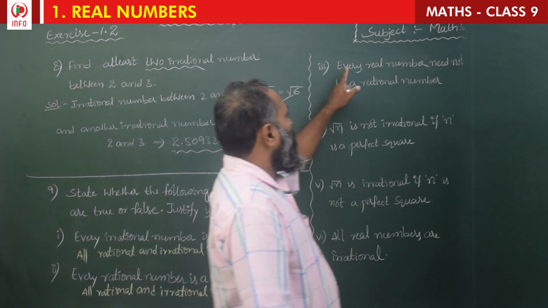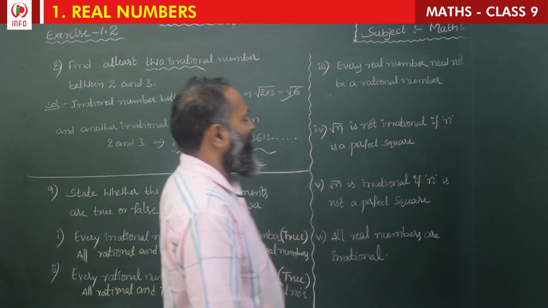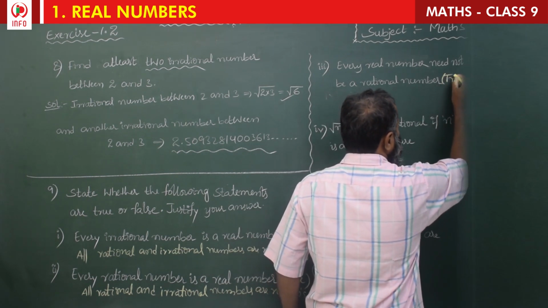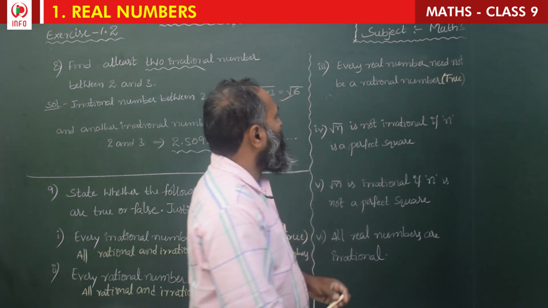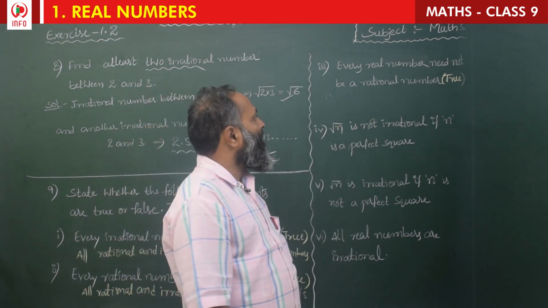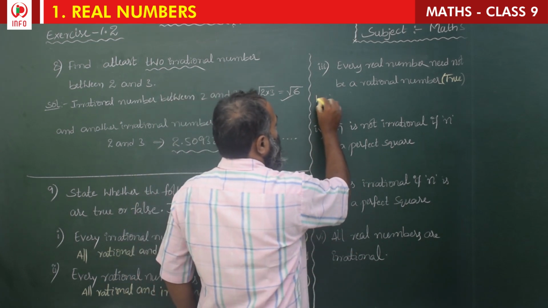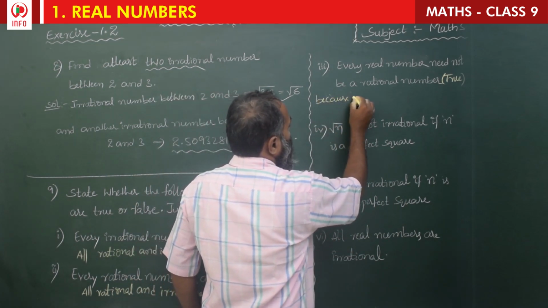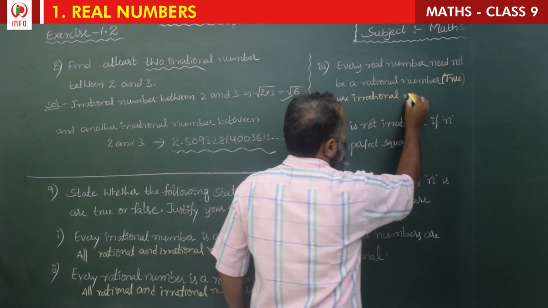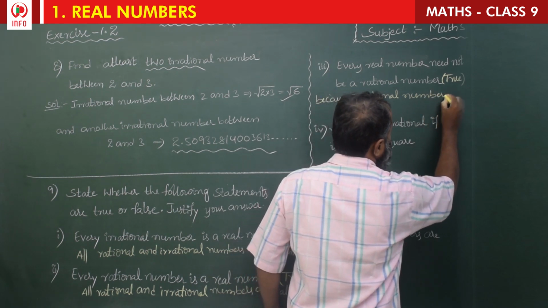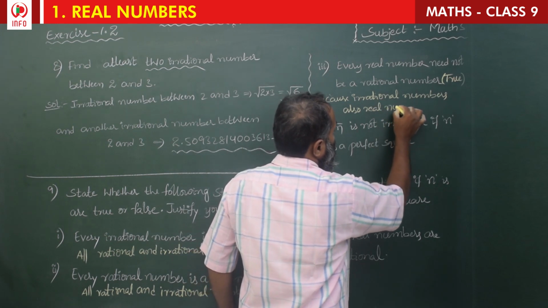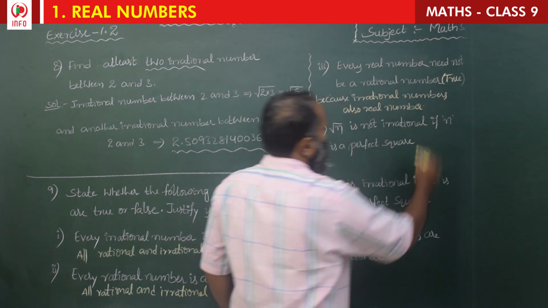Here the third one: every real number need not be a rational number. Yes, this is also true. It is not compulsory that every real number is a rational number, because irrational numbers are also there, and irrational numbers are also real numbers.